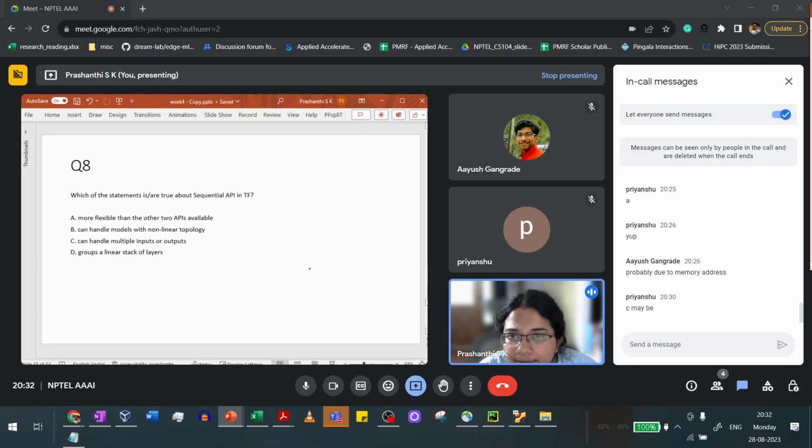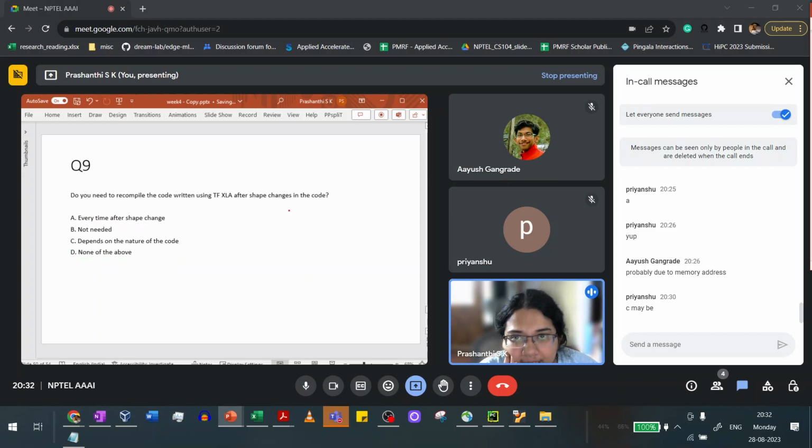So going back to the question now, can handle multiple inputs or outputs? No. Can handle models with nonlinear topology? No. Groups a linear stack of layers? Definitely yes. So you need not even think about this, right? More flexible than the other two APIs. This is the answer. Hope this is clear. If you have any other doubts, feel free to ask. If not, let's move on.